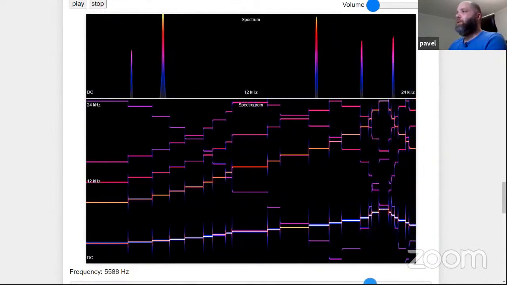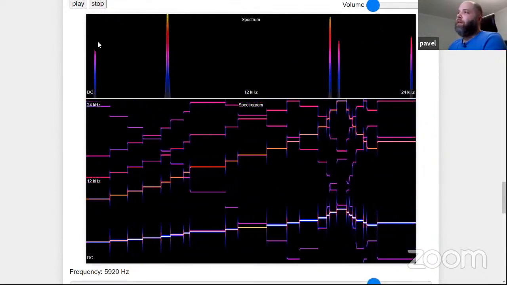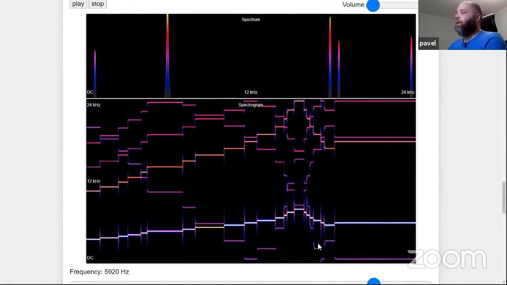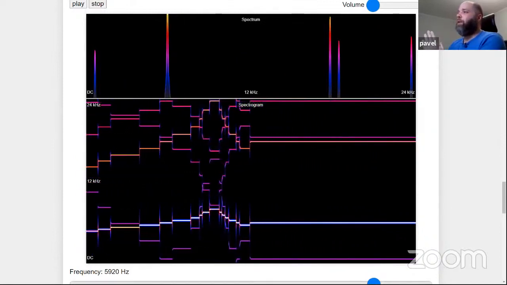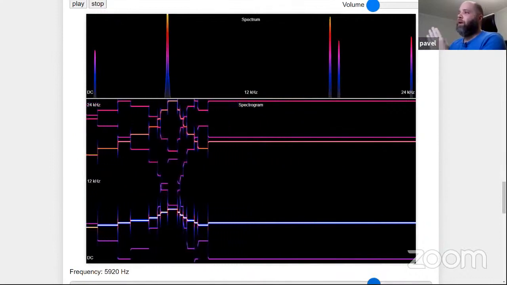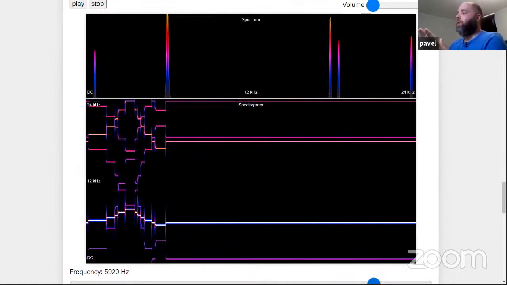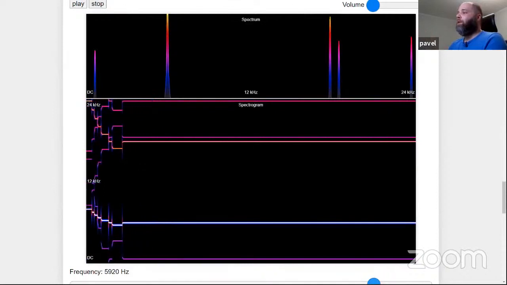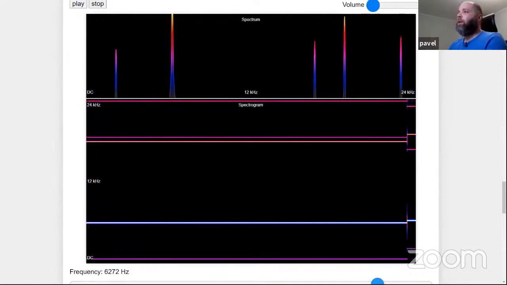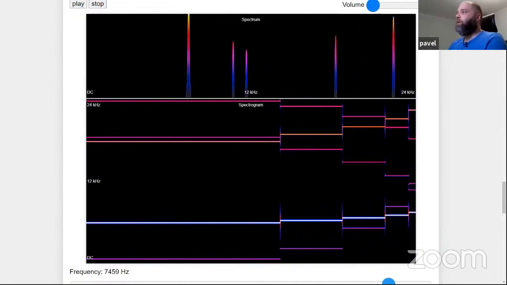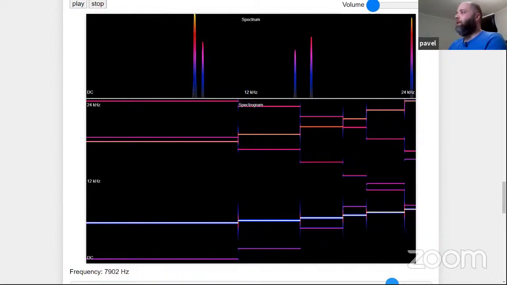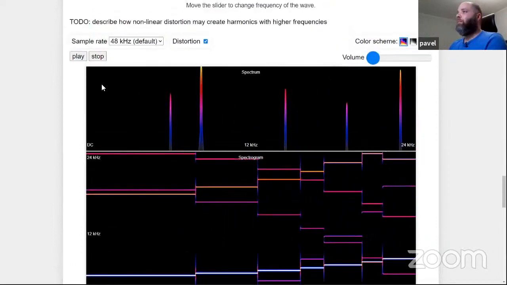Here, the highest harmonic was reflected from the Nyquist frequency, went all the way to the zero frequency, DC, and when we increase the frequency, it starts to go back. So this is basically the same process that we saw earlier.